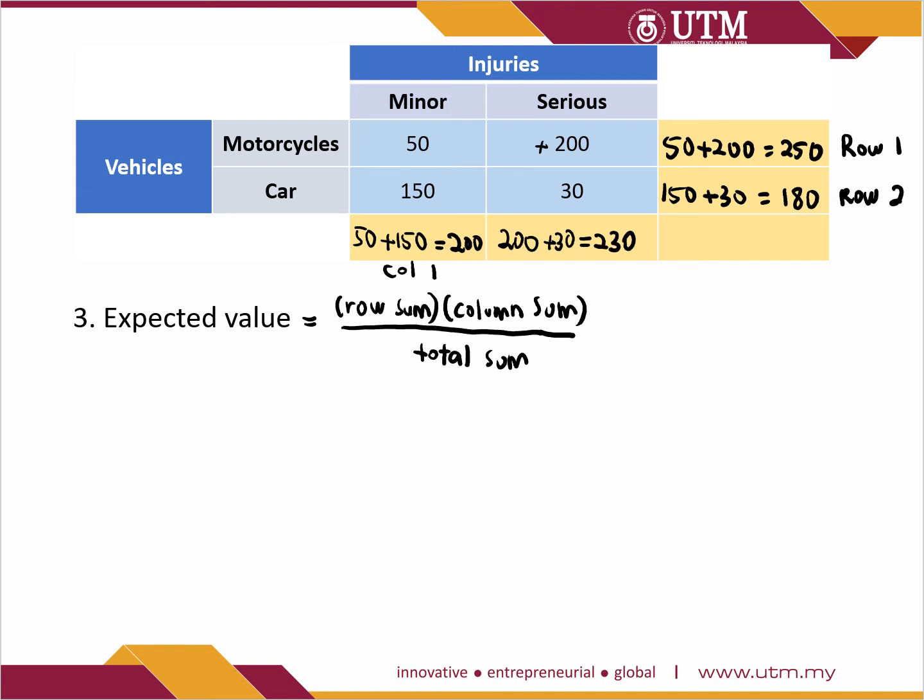The total sum would be 430, which means that the total for the rows should equal 430, and the same goes for the columns. Now we have found all the sums for the columns and the rows.